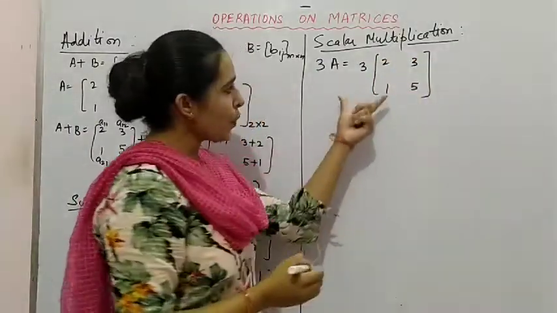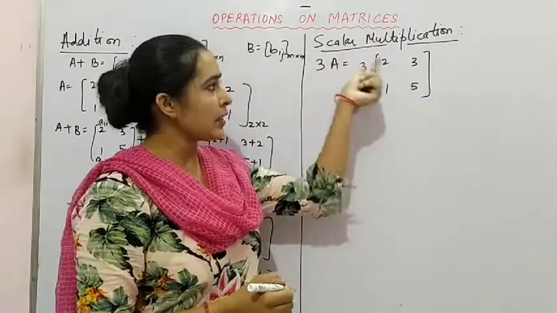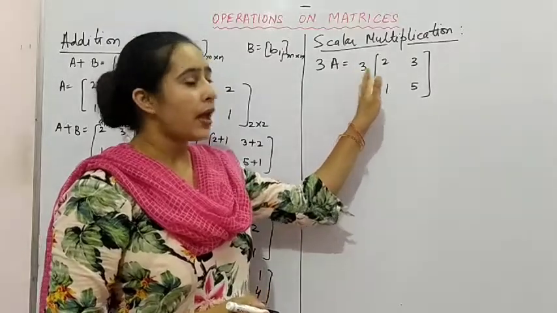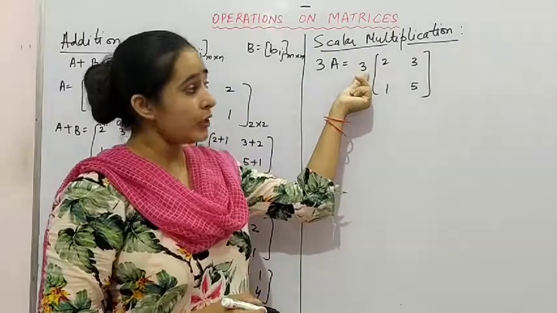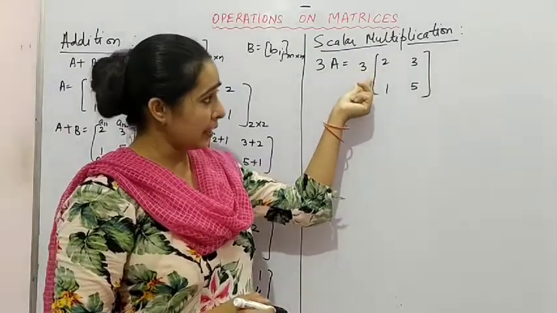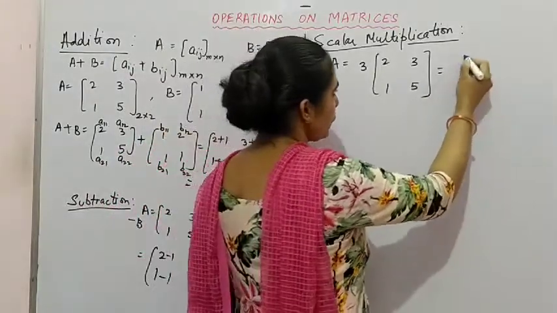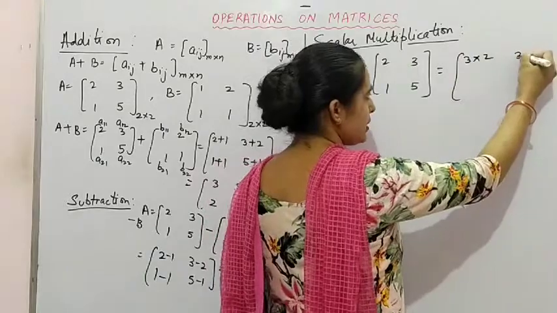Now how can you multiply a scalar with a matrix? The scalar multiplication is defined as we have to multiply every element with this scalar. We have to multiply this scalar with every entry of the matrix. So what we shall do? This is 3 into 2. Multiply 3 with another element.